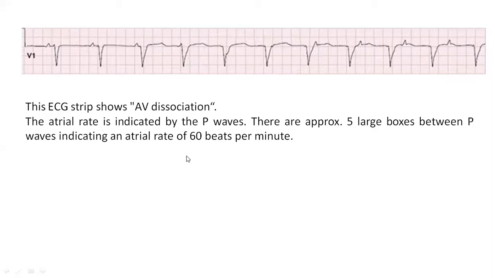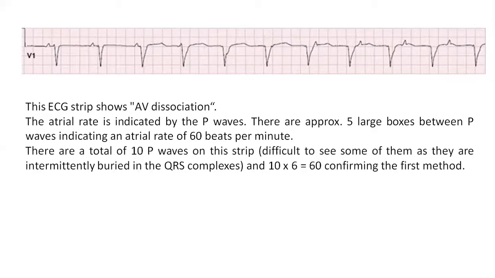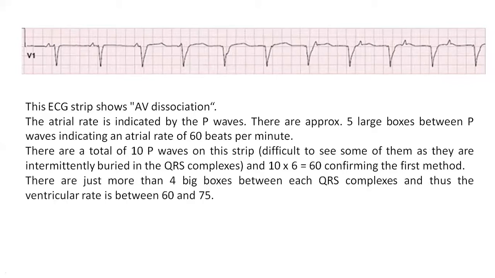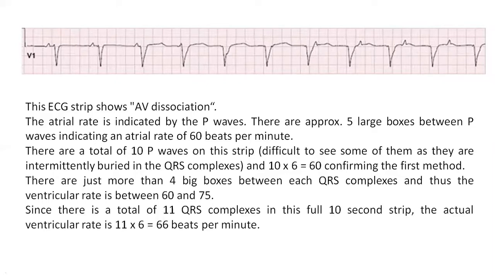Okay? Yes. So there are a total of 10 P waves on this strip. So 10 into 6 is 60. So this is the rule of 10 seconds. There are just more than 4 big boxes between each QRS complex, so we can say that the ventricular rate is between 60 and 75.